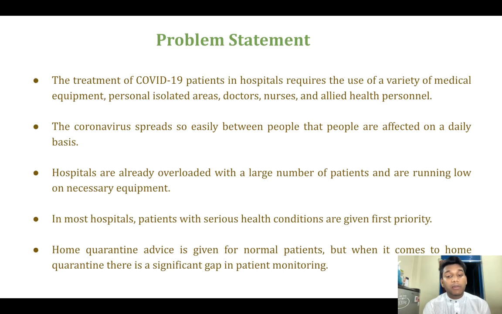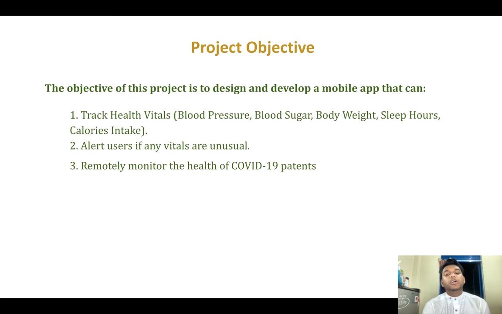Hospitals are already overloaded with a large number of patients and are running low on necessary equipment. In most hospitals, patients with serious health conditions are given first priority. Home quarantine advice is given for normal patients, but when it comes to home quarantine, there is a significant gap in patient monitoring.